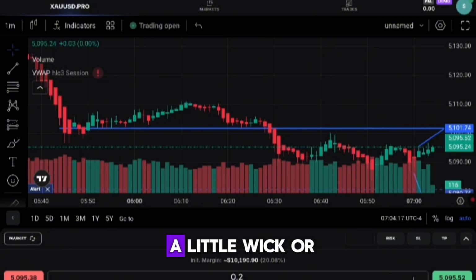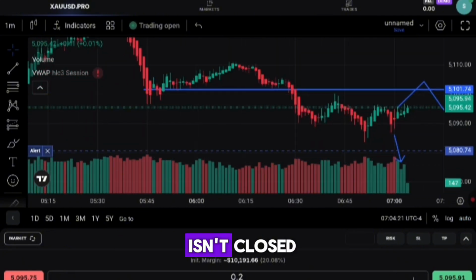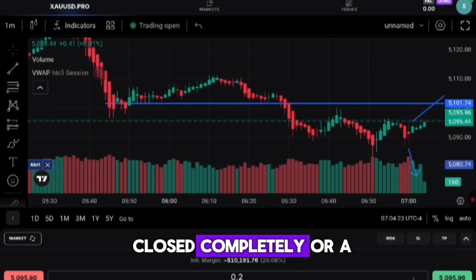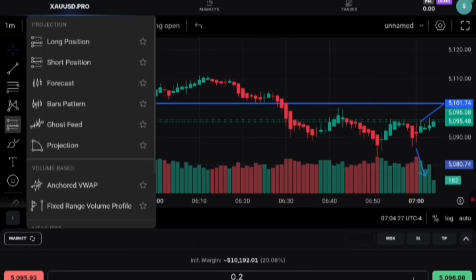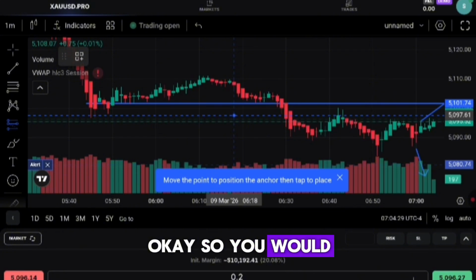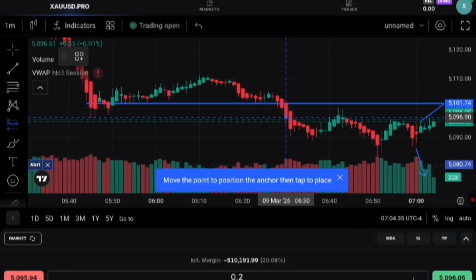Why? So if there is a little wick or something, if the candle isn't closed, as the price isn't closed completely, or a doji candle, you do not go in. Okay, so you would be going in right here on the second one. Okay.